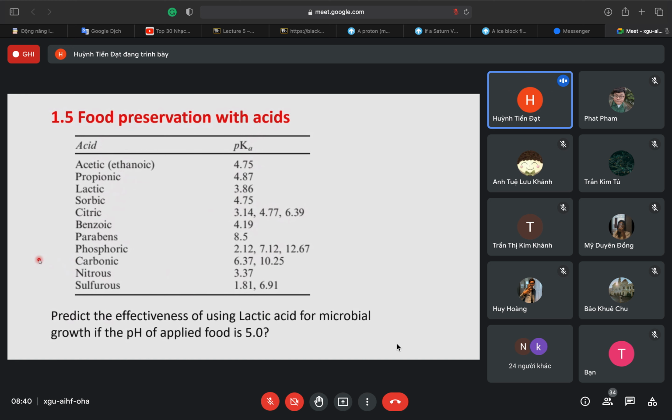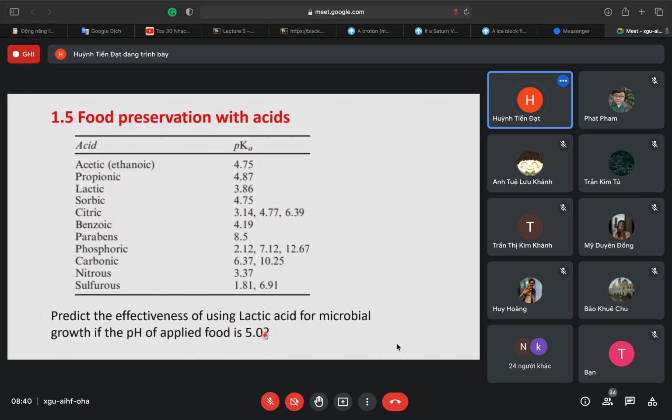Right? So based on this table, please predict the effectiveness of using lactic acid for the microbial growth if the pH of the food is 5. So lactic acid, and the pH value of the food is 5, so please indicate the effectiveness and the reason why.